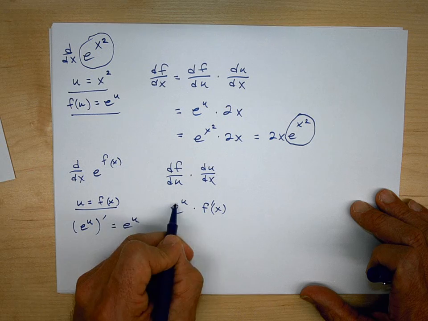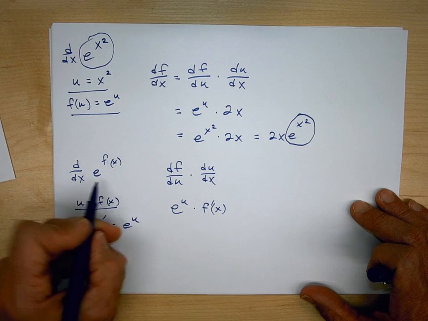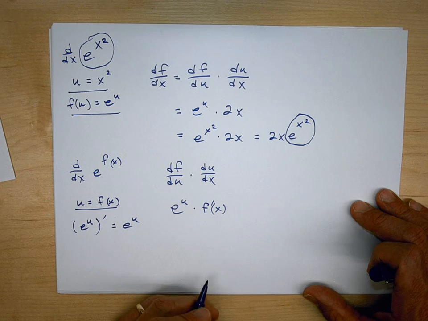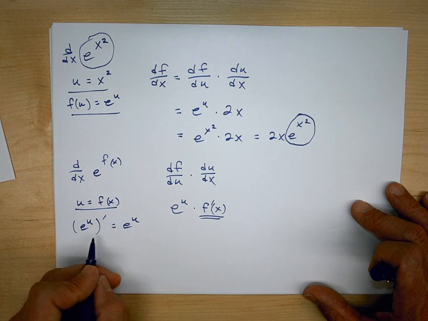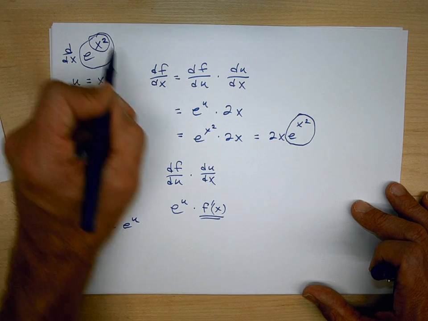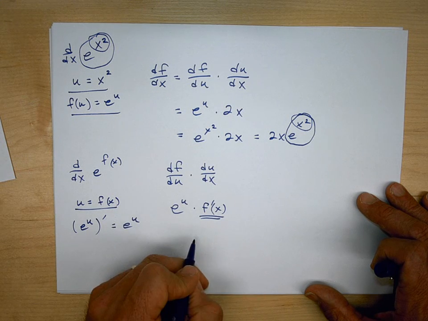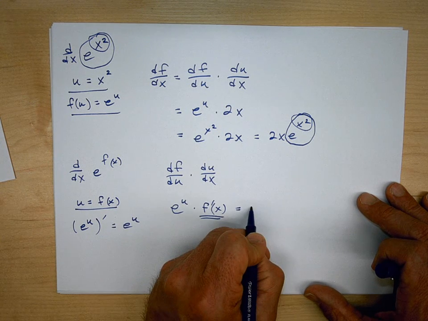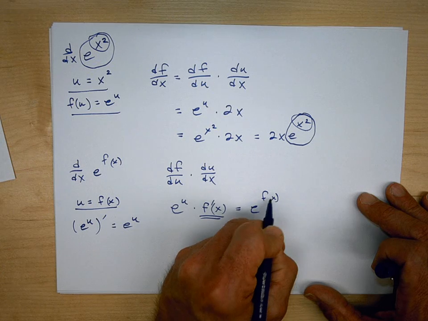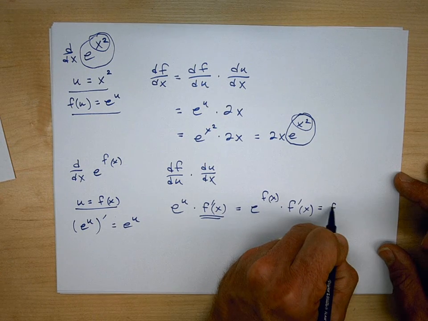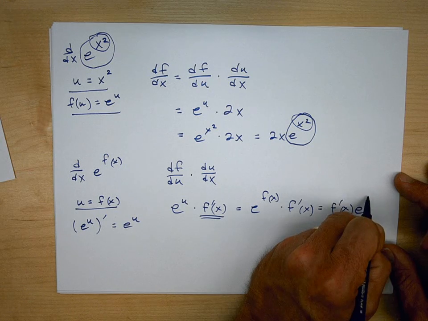So I'll always get back this e to whatever I started with, in this case e to the x squared. You see it show up again, but it will always be multiplied by the derivative of whatever the function up in the exponent is. Getting this all back in terms of x, it would be e to the f of x times f prime of x. You'll commonly see it with the f prime out front.